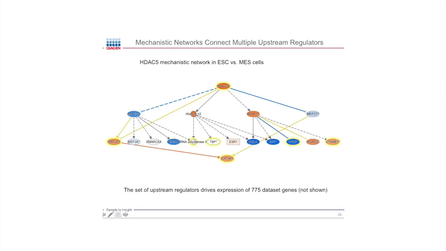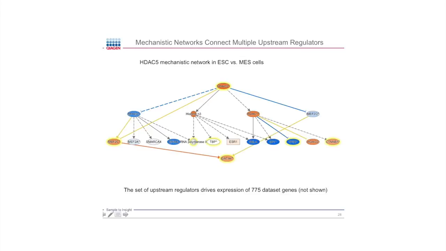These are all regulators, so HDAC5 is supposed to decrease MyoD1's activity, and so on. So these are different regulators connected together. These control, as a group, 775 data set genes, which would all be connected to these, but which aren't shown because it's too complicated. So that's the mechanistic network that HDAC5 might be regulating.